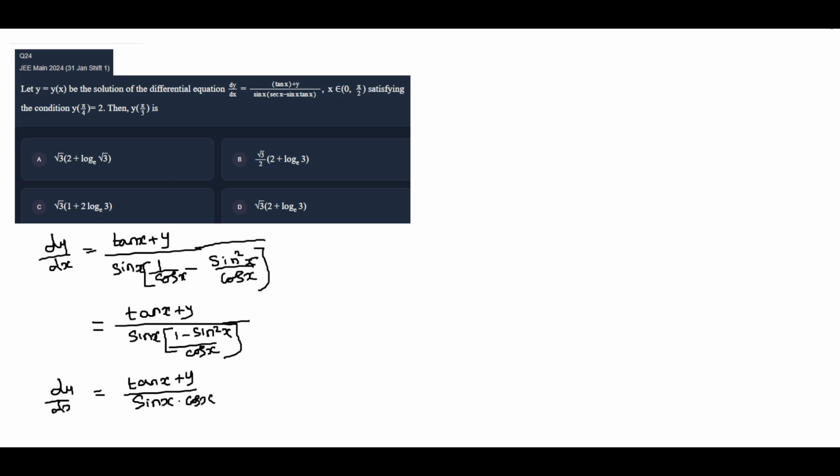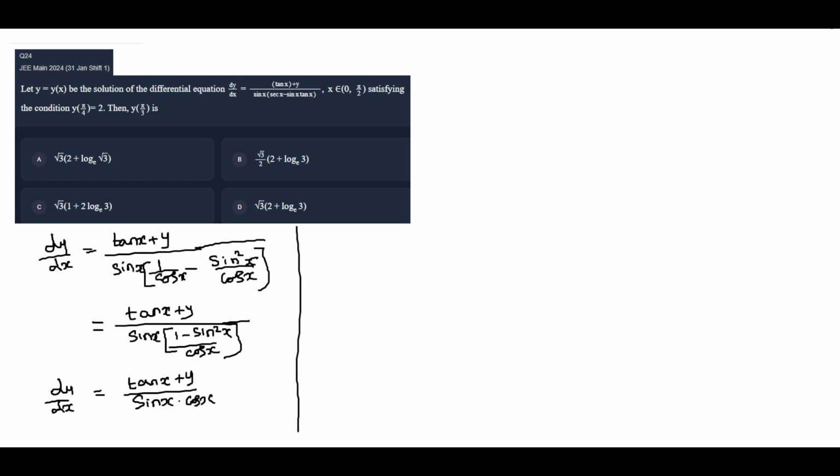Now simplify the denominator, so you get tan x plus y by sin x into 1 minus sin square x by cos x. So tan x plus y by sin x into cos x. Okay, this is dy by dx.